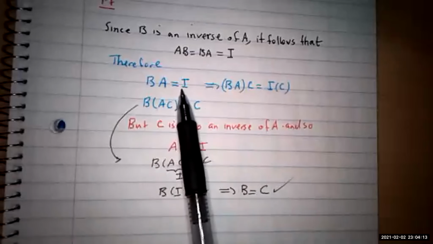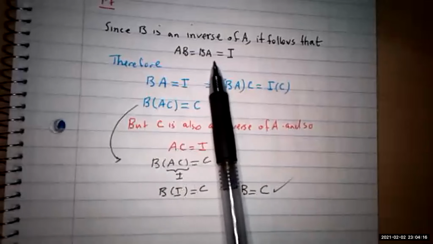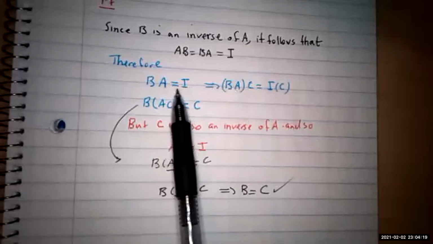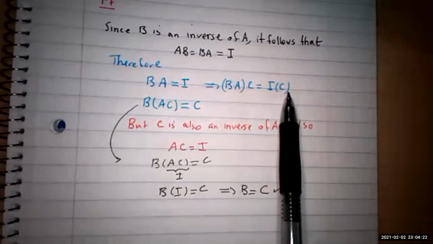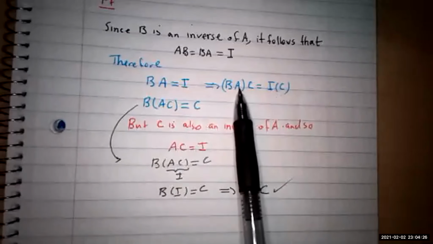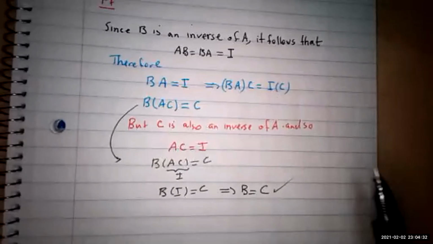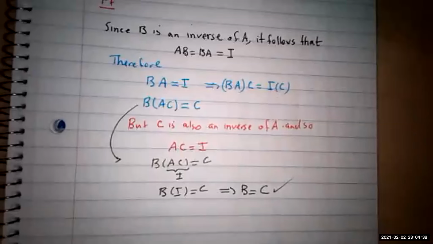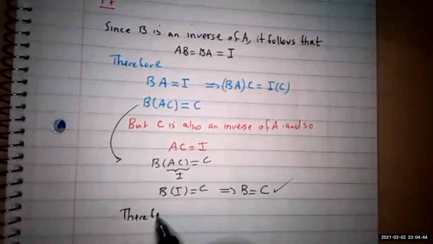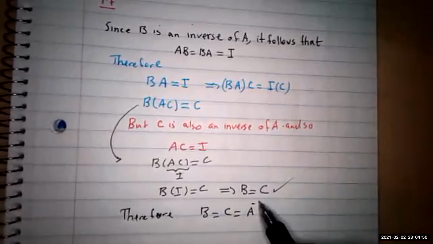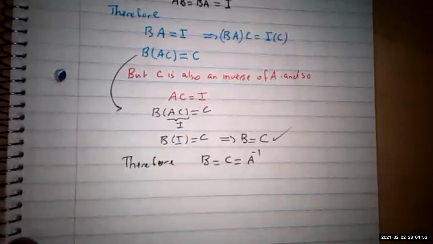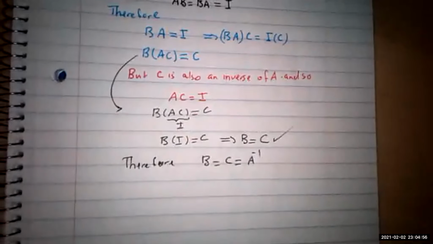It's the same for C: AC equal to CA equal to I. So what I did is take BA equal to I and multiply both sides from the right by C. Then I put the A and the C together, but C is an inverse of A, so AC is I. So B is equal to C, and the inverse of the matrix is unique. Therefore, B is equal to C, and both of them are equal to A inverse. It's a kind of nice proof.